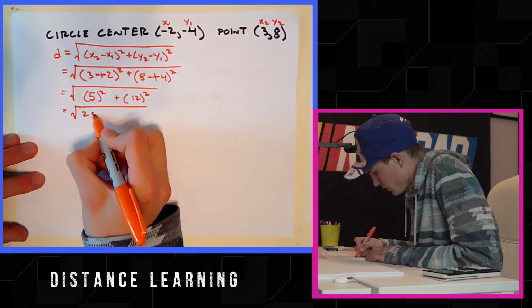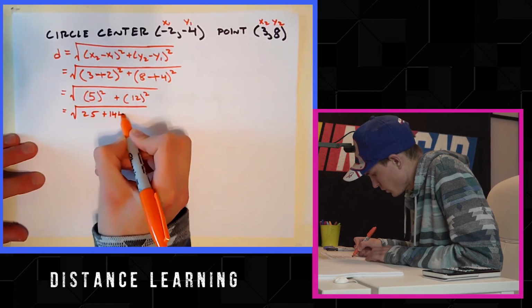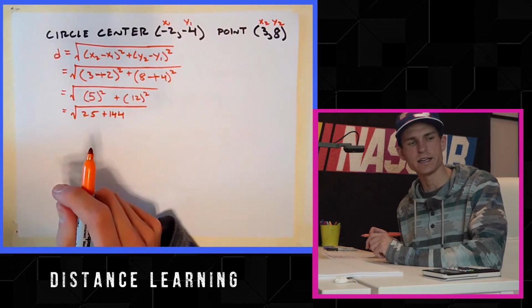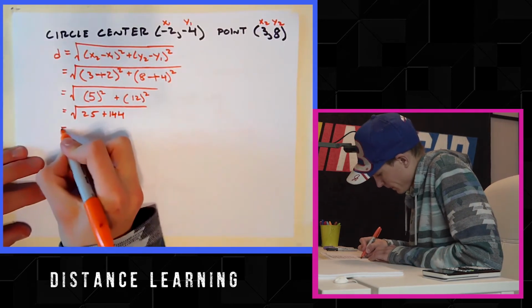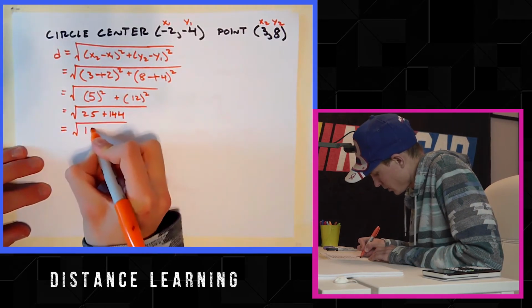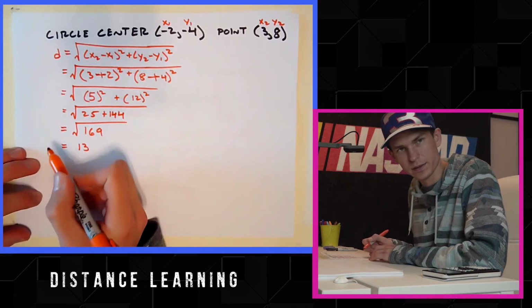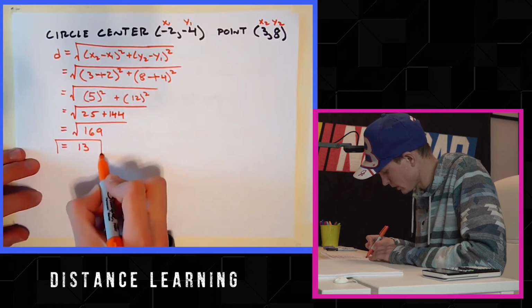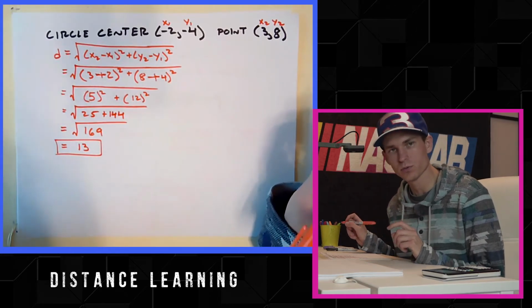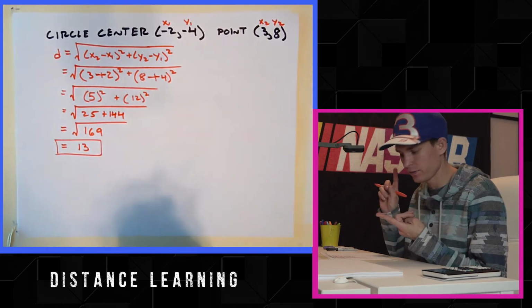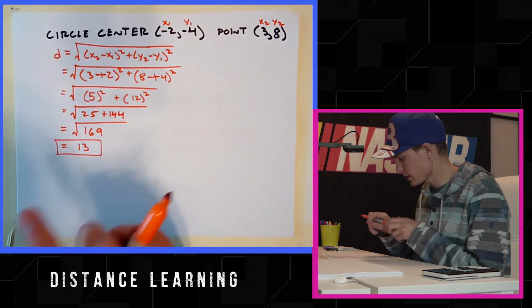So that is 25 plus 144. What is that, 169, I think. 169, and that is 13. Nice of them to give us a whole number. And that will be the radius of your circle. So now we have the center and the radius.